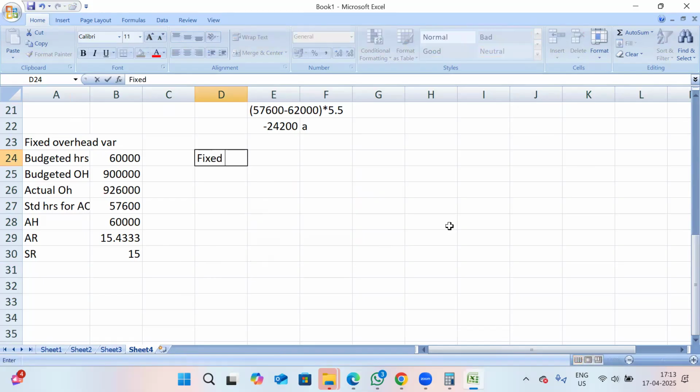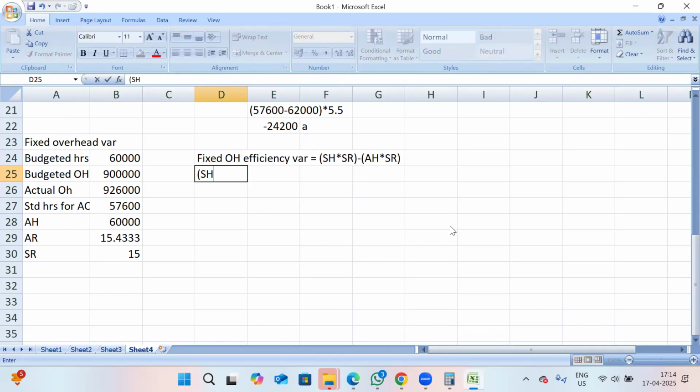First I'm calculating fixed overhead efficiency variance, which is equal to standard hours into standard rate minus actual hours into standard rate. Or else you can remember efficiency is always between hours.